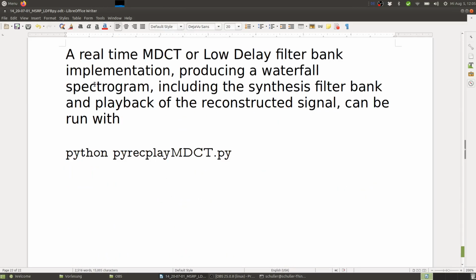It's actually really simple. So a real-time MDCT or low delay filter bank implementation producing a waterfall spectrogram, including the synthesis filter bank and playback of the reconstructed signal, can be run with this function here. So I can open this function.